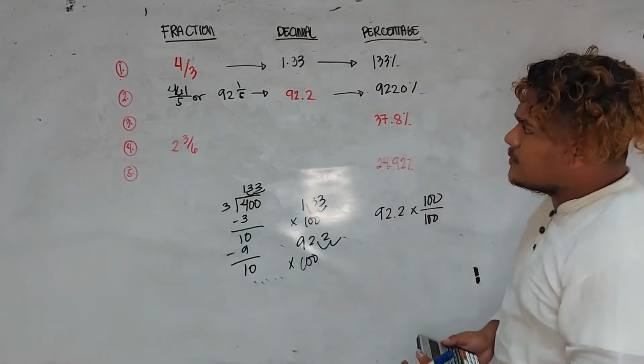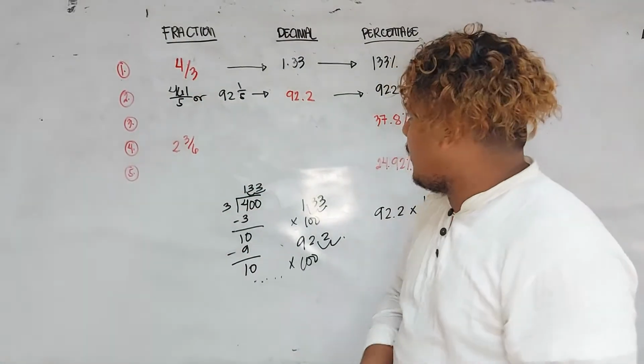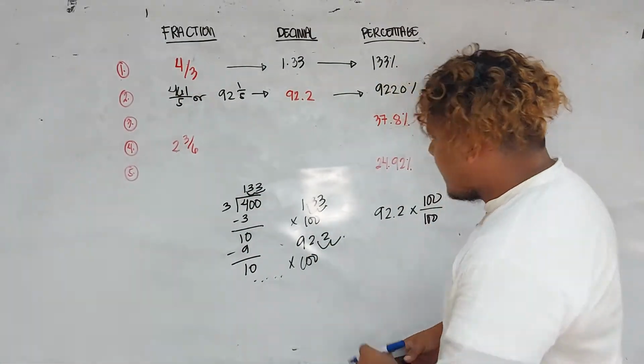How do you get 92 and 1/5? Well, basically that's equal to 461 over 5. In my case, how do I do this?